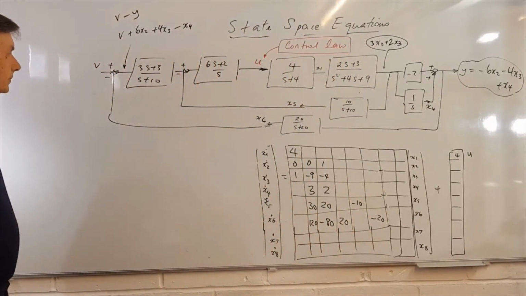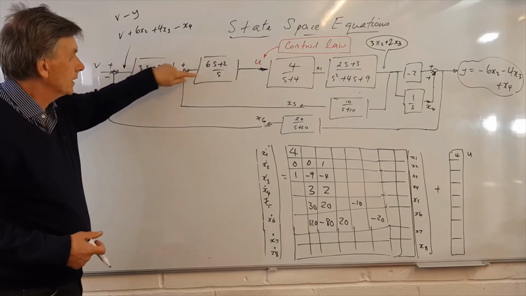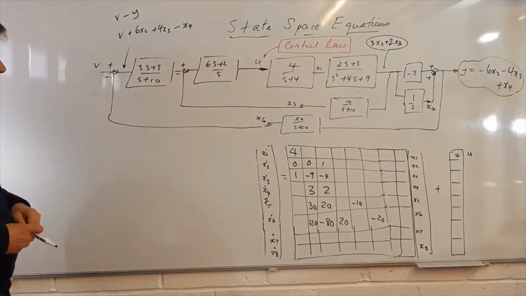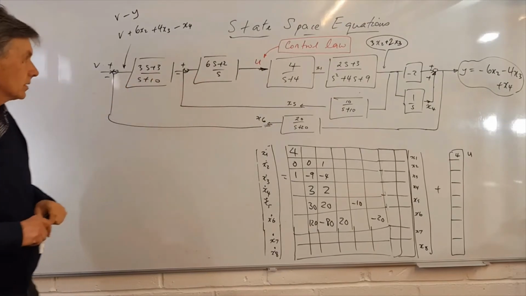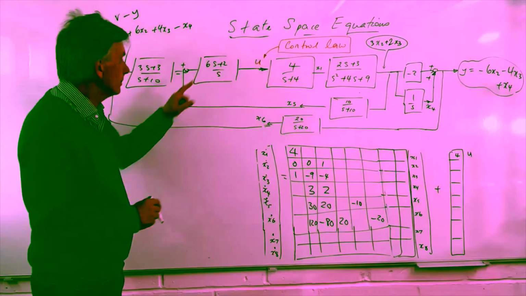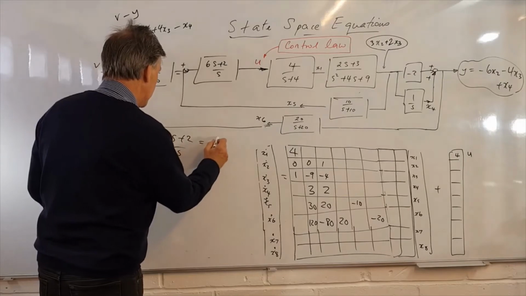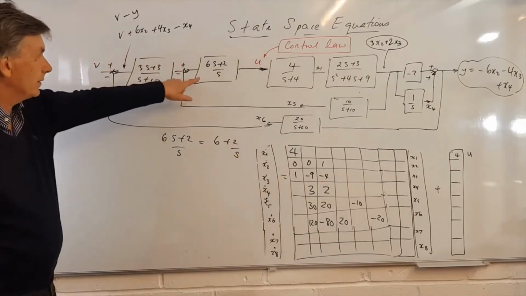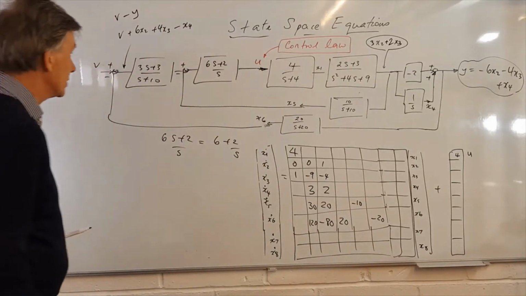And the first thing we're going to do now is, because these have the same number of poles and zeros, they are not ideally suited to a state space representation. So we're going to just convert these into two subblocks. This one's quite simple to do. If we've got 6s plus 2 over s, we can know that as 6 plus 2 over s. So we can rewrite this box as a 6 and a plus 2 of rest.